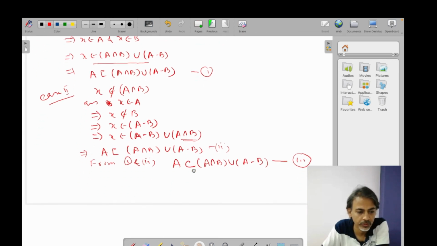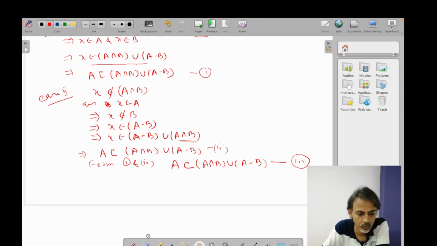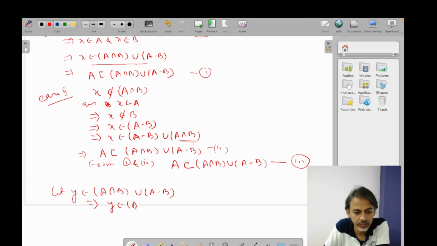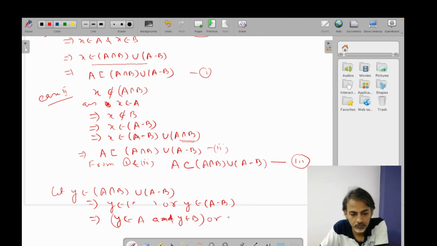Now let's move further. Now we have to prove it the other way around. We will say: let Y be an element of A intersection B union A minus B. This implies Y is an element of A intersection B or Y is an element of A minus B. This implies Y is an element of A, and, sorry, not or but rather it is an and, Y is an element of B. So what we have written is: Y is an element of A and Y is an element of B, or Y is an element of A and Y is not an element of B, which is A minus B. In both the cases, we can say that Y is an element of A at least.